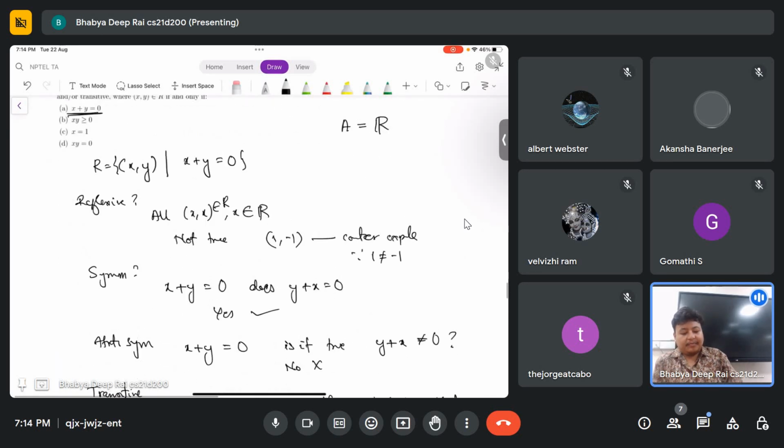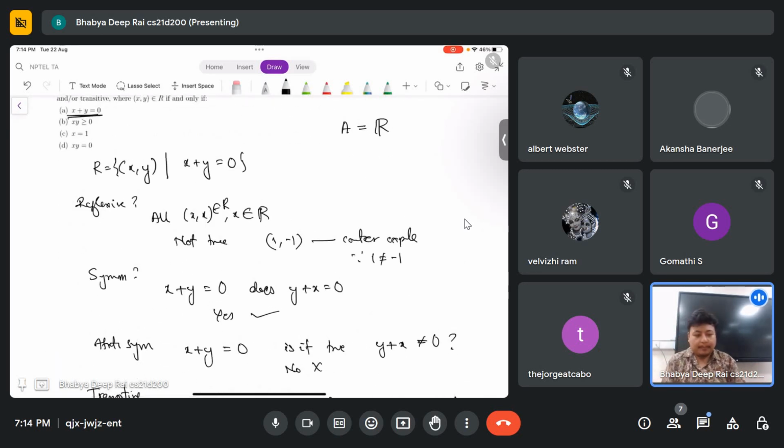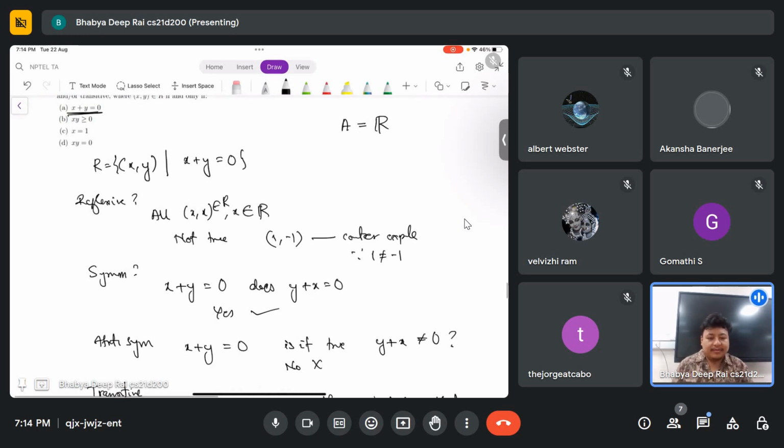I hope it was clear here. I went slightly faster, but let me know if there was a problem. I would like to ask you to try this one: xy is greater than or equal to 0.